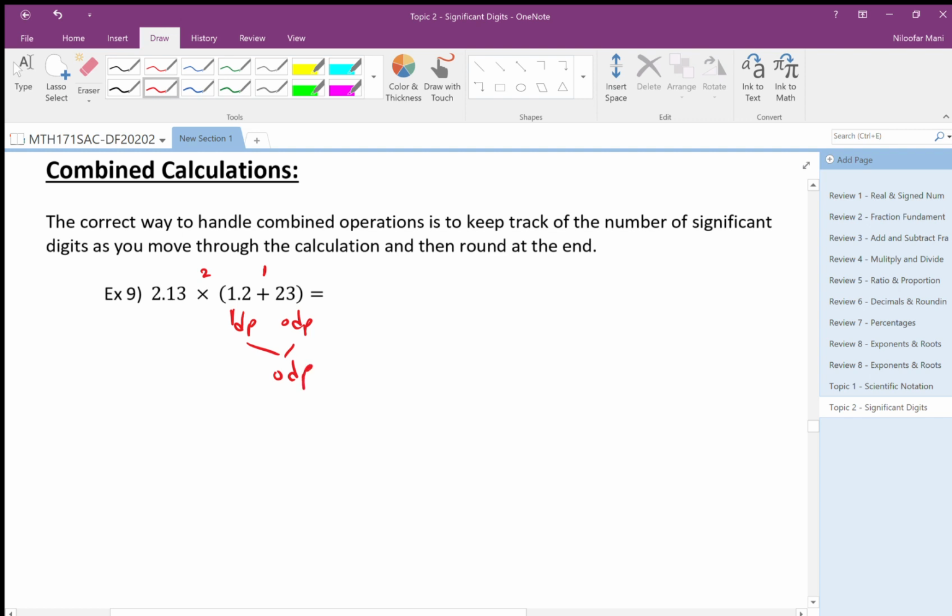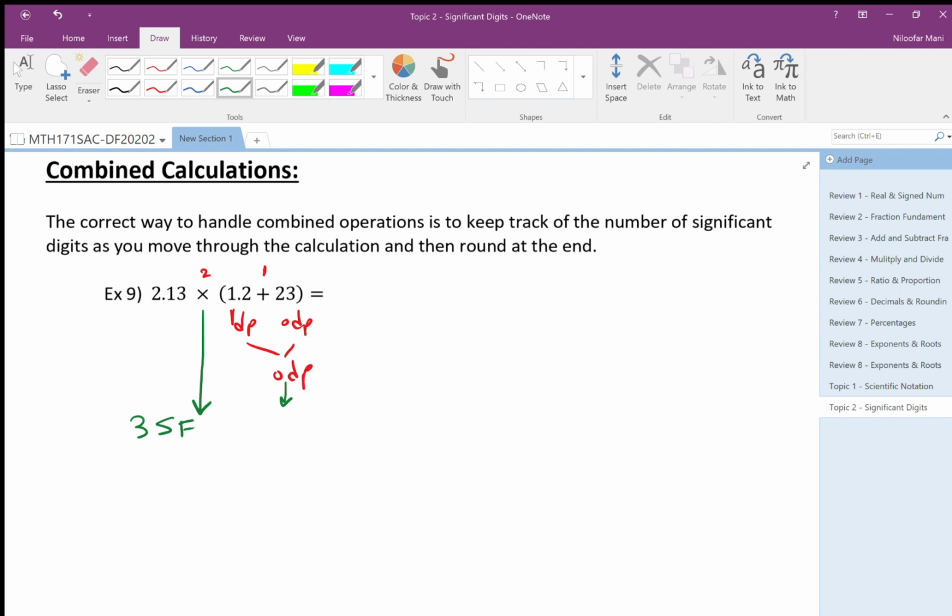But what do I have after here? After that I have multiplication. When I have multiplication, I have to round to the least significant figure. So I have 3 significant figures. I have to ask myself, if I have 0 decimal place, how many significant figures do I have?